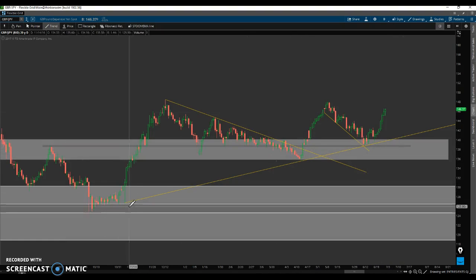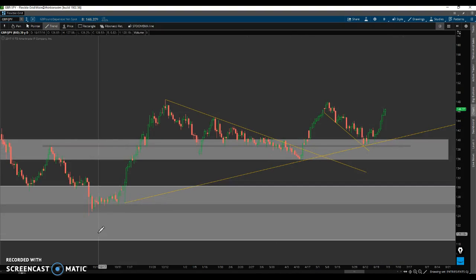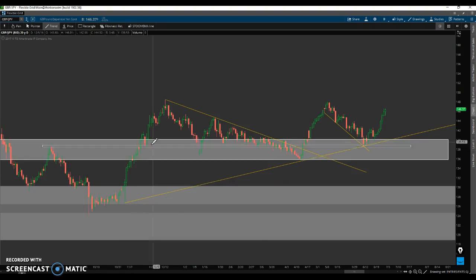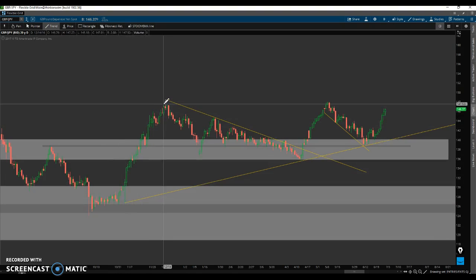You can see I took the impulse move out of that weekly demand zone and monthly demand zone. This was right around the U.S. elections that catalyzed this move, and I used that as my anchor point.